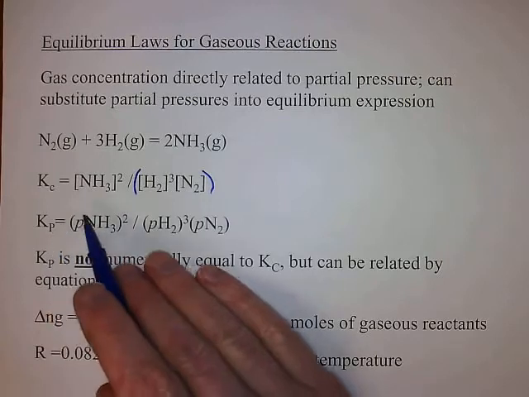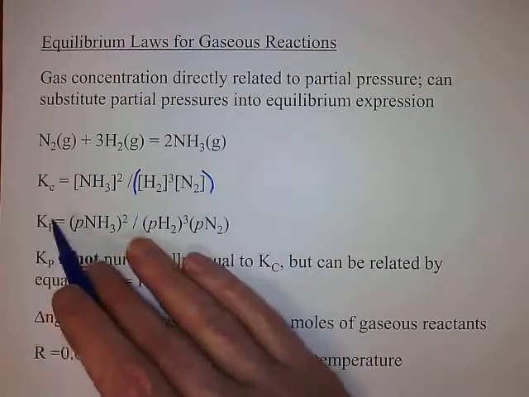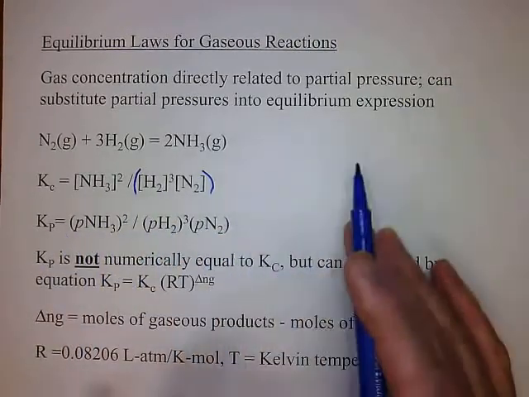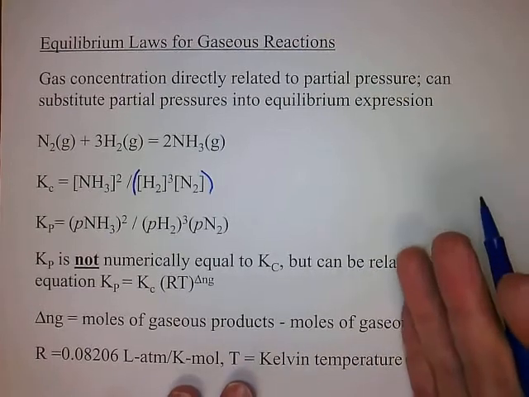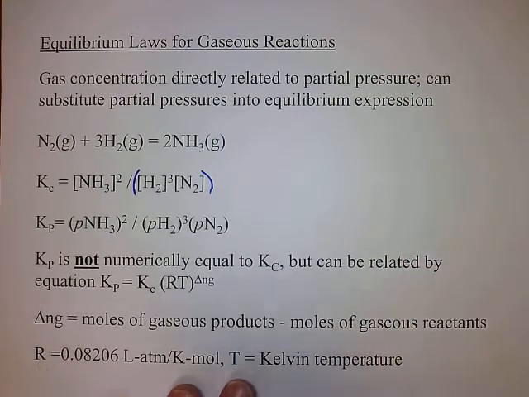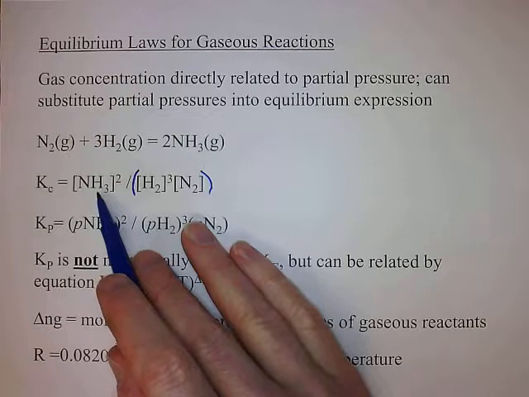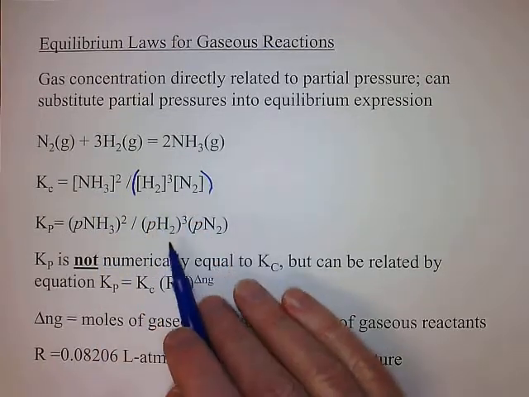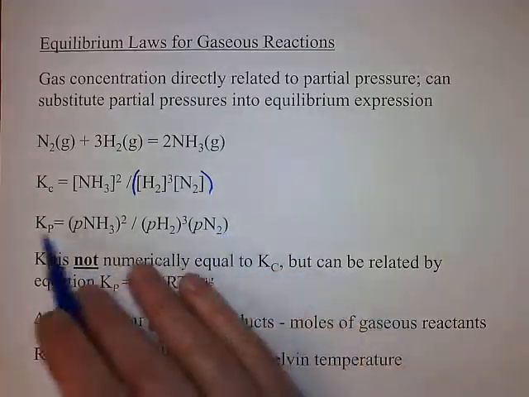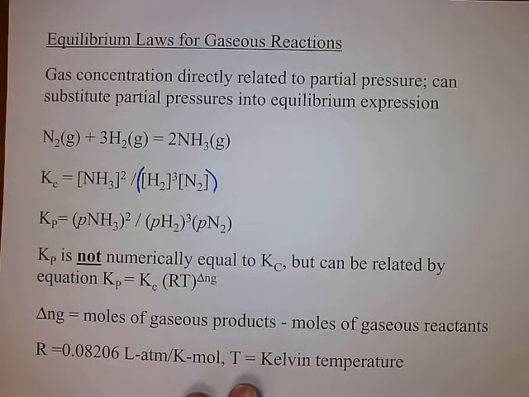So what if we used Kp? What if we used pressures? If we used pressures instead of concentrations, we could do that, but we would get a different number. It's like expressing the same thing in a different unit. So we could use the partial pressure of NH3, the partial pressure of H2, and the partial pressure of N2, but otherwise do the calculation the same.